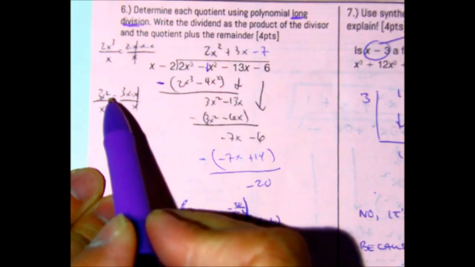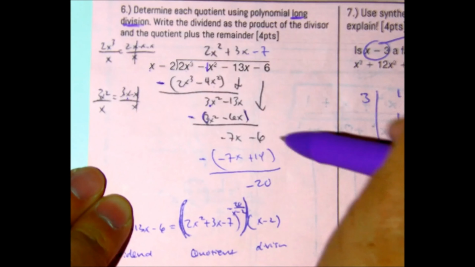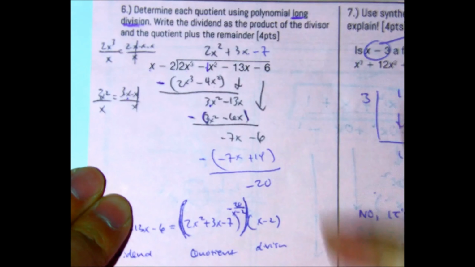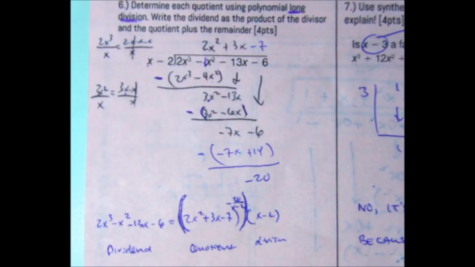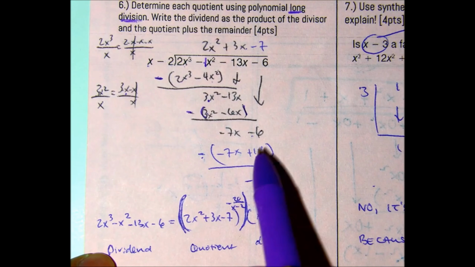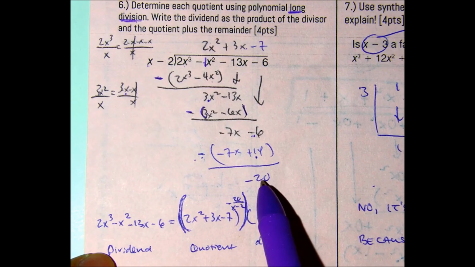X goes into -7x, -7 times. Multiply. Okay, I would probably say about 70% of students got this part wrong right here. So if you got it right, good job. Negative 6 minus positive 14 is negative 20.